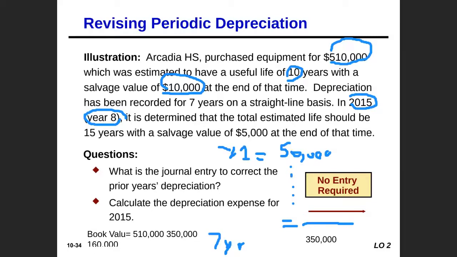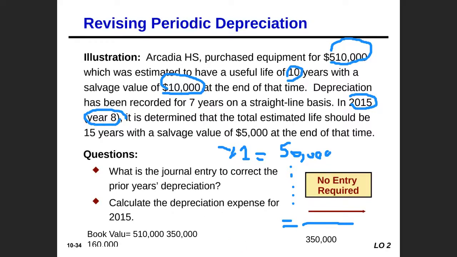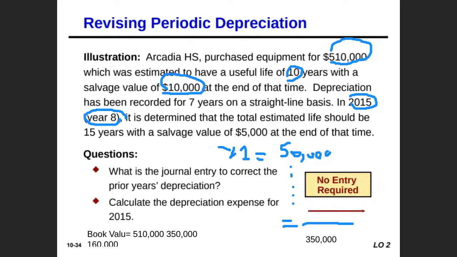So in the 8th year, if you are calculating a depreciation, can I calculate it like this? What will be my depreciation in the 8th year? Can we calculate? Year 8, what will be the depreciation?